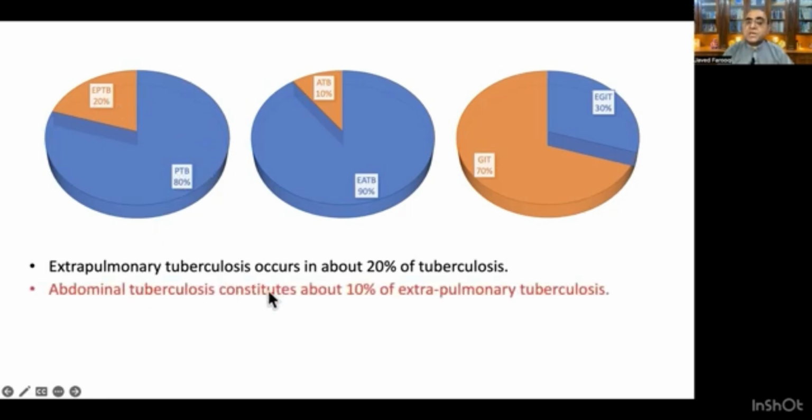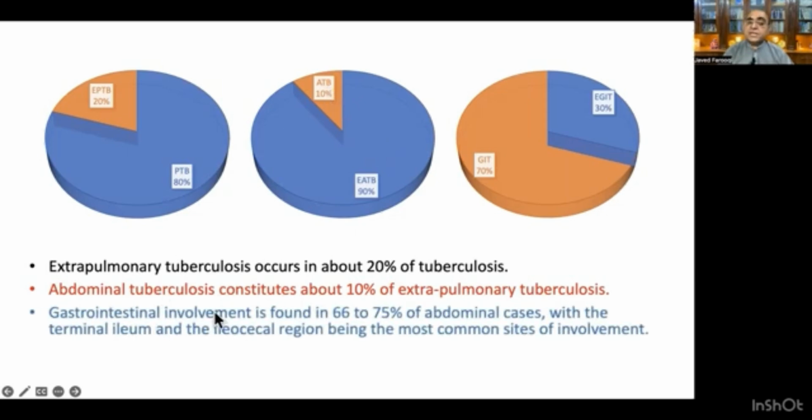Abdominal tuberculosis constitutes about 10% of the extrapulmonary tuberculosis. So out of 100 tuberculosis patients, 80 will be pulmonary and 20 will be extrapulmonary, while out of these 20, 90% are extra-abdominal and 10% are abdominal.